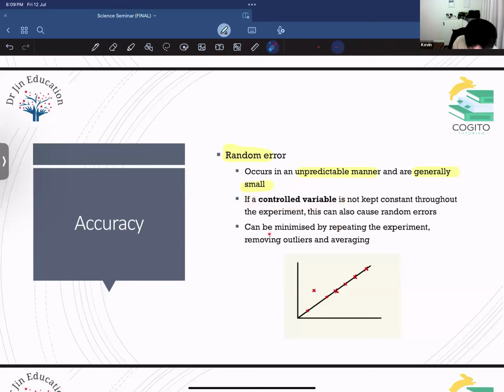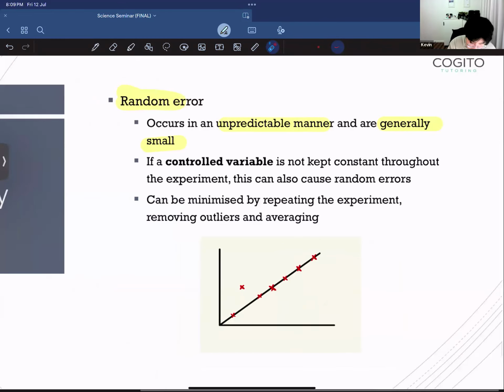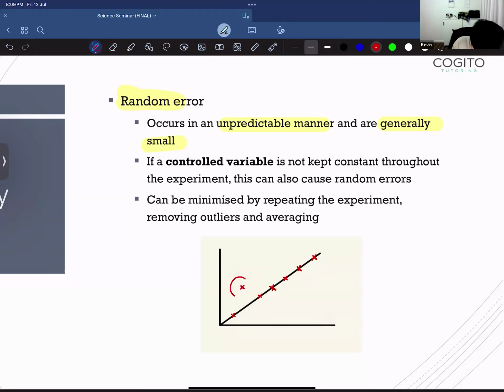It can be minimized by repeating the experiment, removing outliers, and averaging. So look at this. This is my expected values, but then I get this random one that's a bit off. This one is called an outlier, and it is due to random error, possibly.